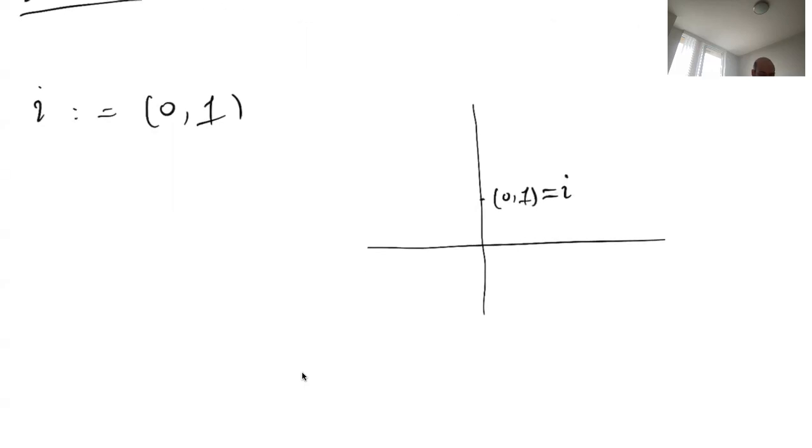And what about the real numbers? We want the real numbers to be included in the complex numbers as well, because we want complex numbers to be a generalization of real numbers. We don't want to lose real numbers.